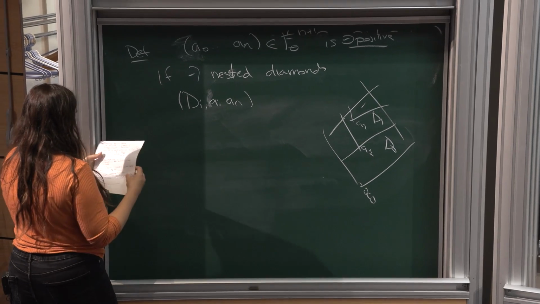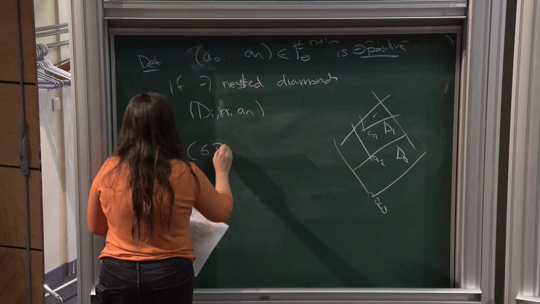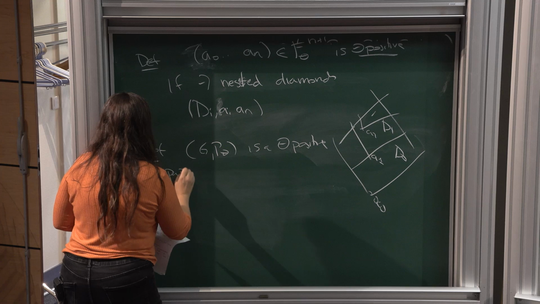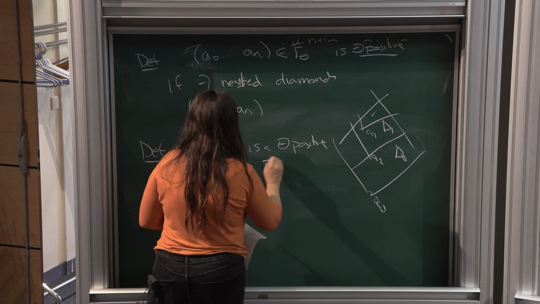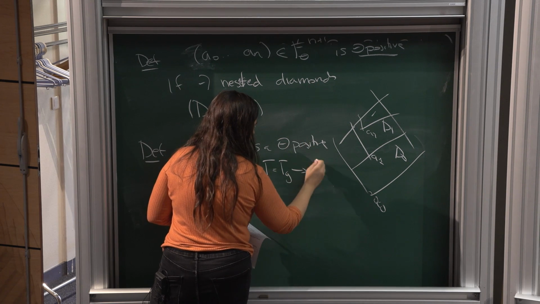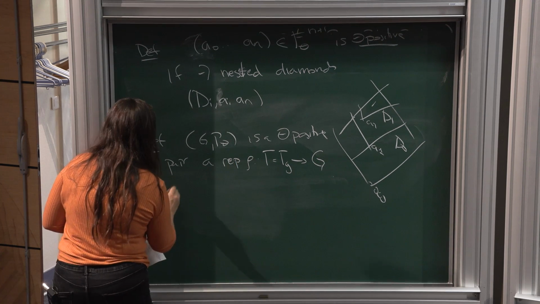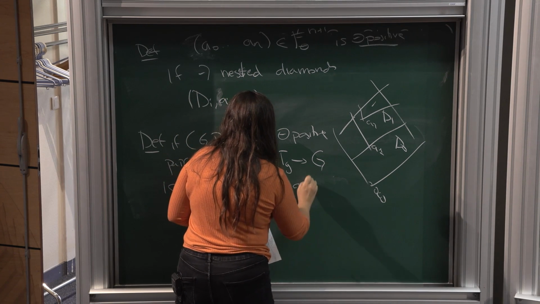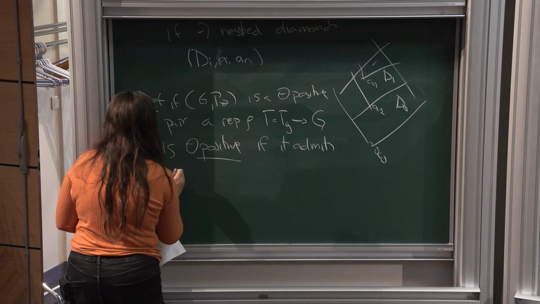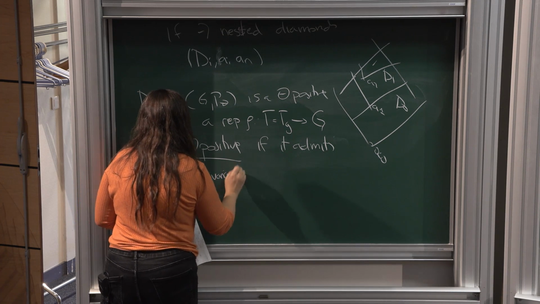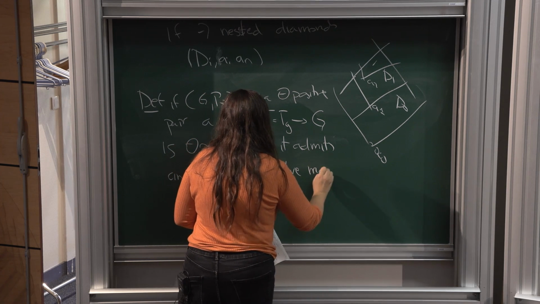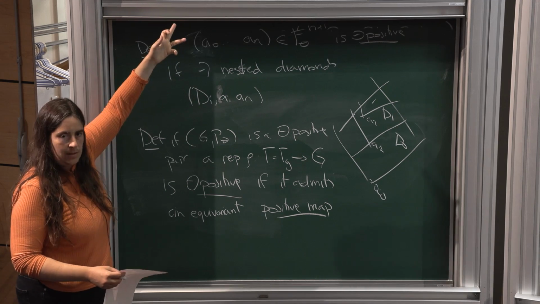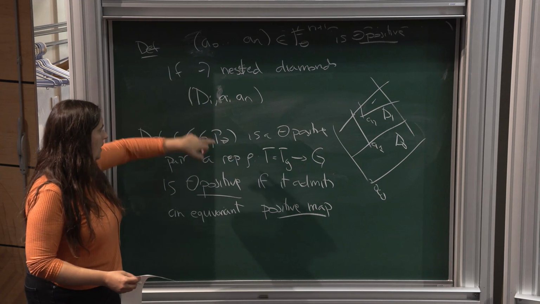And we say that if G, P theta is a theta positive pair, we say that a representation rho from gamma, which is the fundamental group of a surface, to G is theta positive if it admits an equivariant positive map, which means that it maps positive n-tuples, which is cyclically oriented n-tuples in the circle, to positive n plus 1 tuples in G mod P theta.